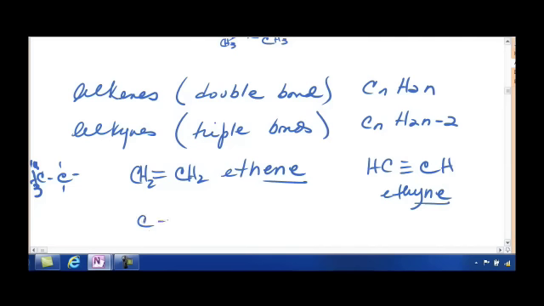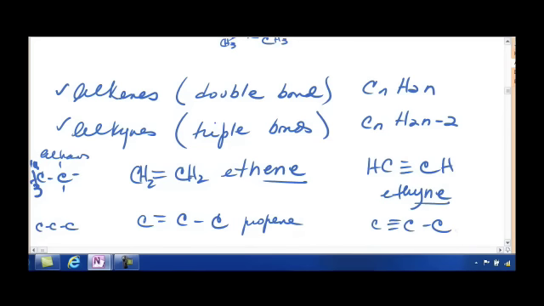What would this guy be? How many carbons? If it was an alkane, what would that be called? Okay, so you go from alkanes, which you know, to alkenes to alkynes. That's propane. So that's not propane, it's what? Propene. And what is this guy? Propyne.